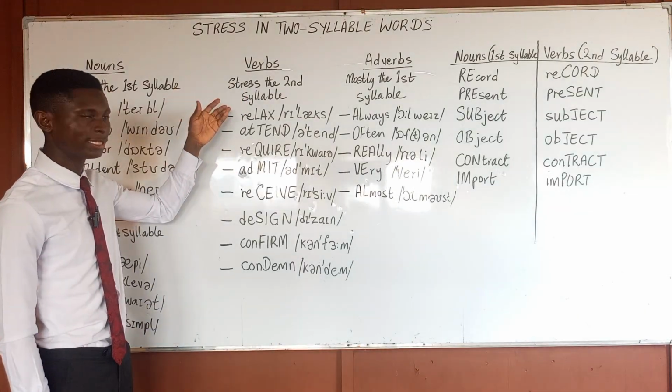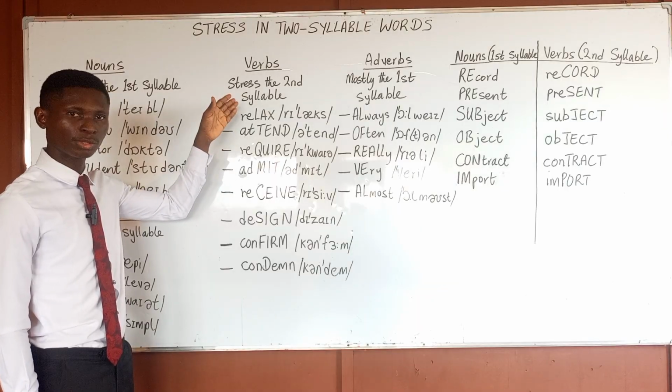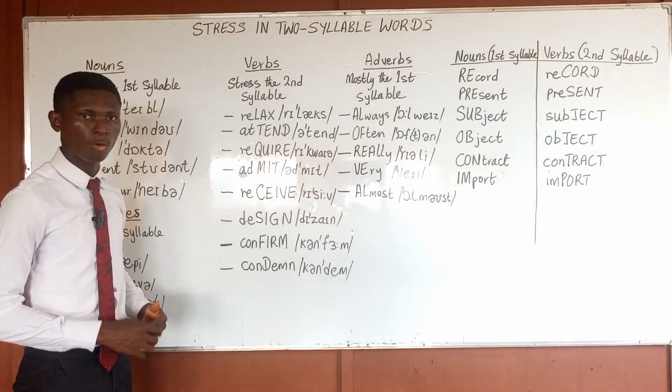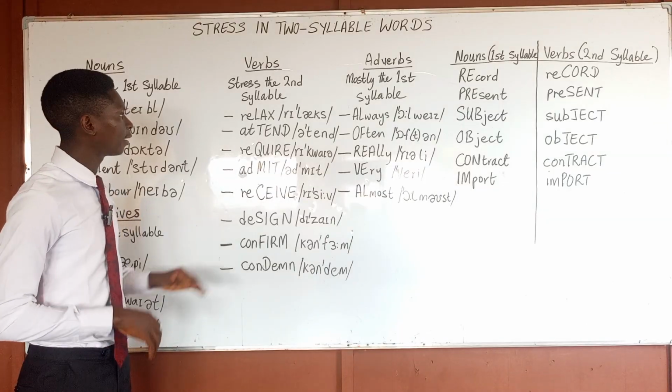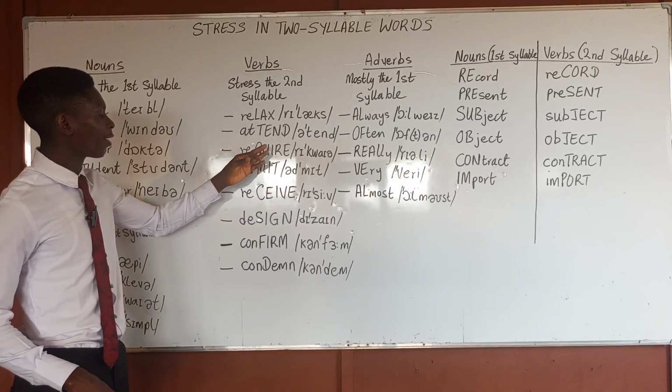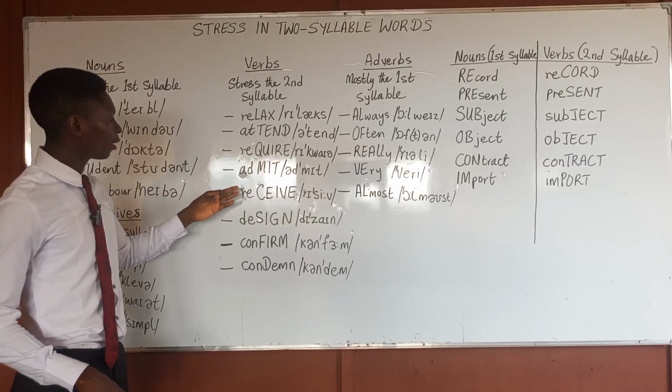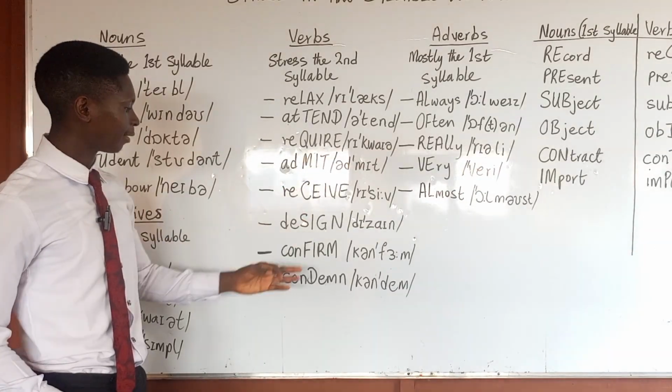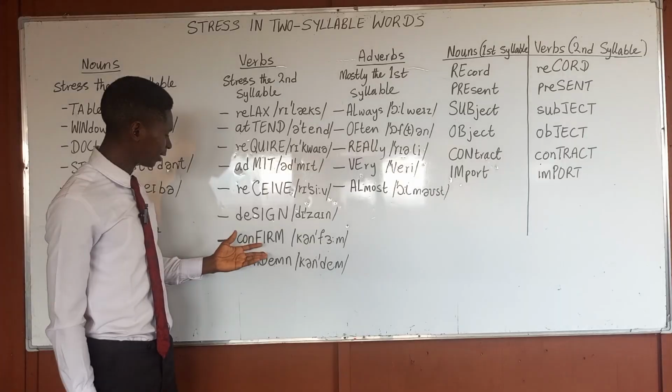We have the stress on the second syllable when it comes to verbs. For instance, relax, attend, require, admit, receive, design, confirm, and condemn.